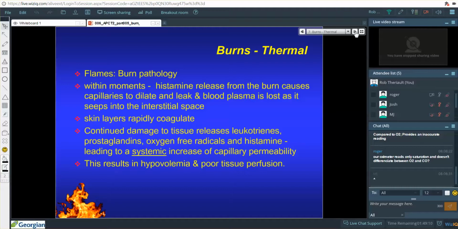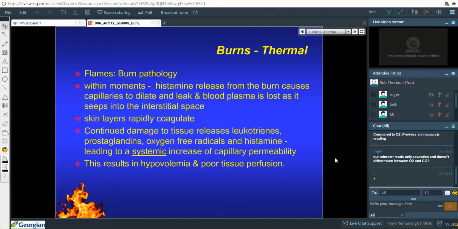And this results ultimately in volume depletion and poor tissue perfusion. But one of the things that's important to remember is that if you're dealing with a patient who's got a 40% body surface area burn, and they're hypotensive within the first 2 hours of the burn, it's far less likely that they're hypotensive because of third spacing of fluids.